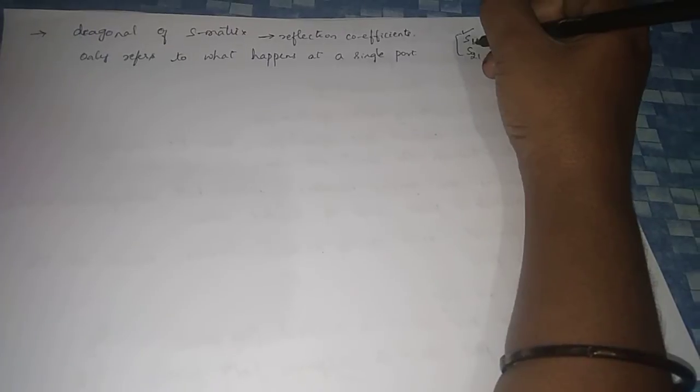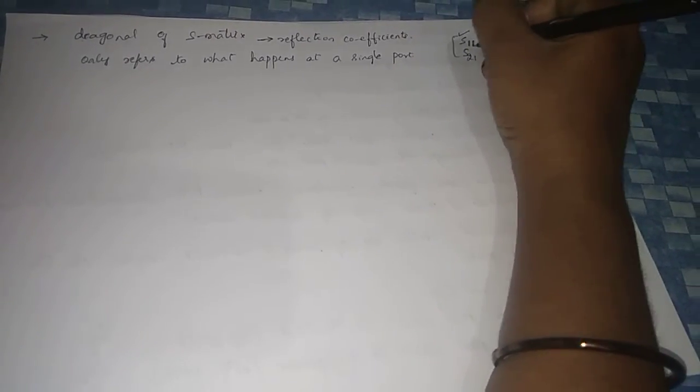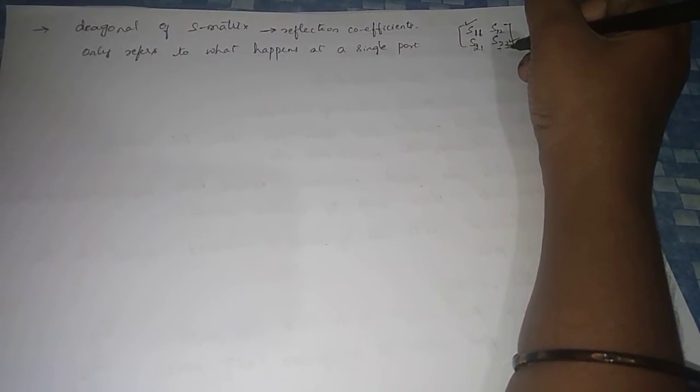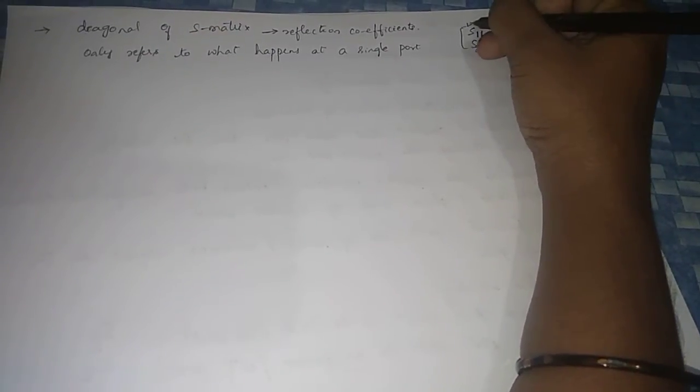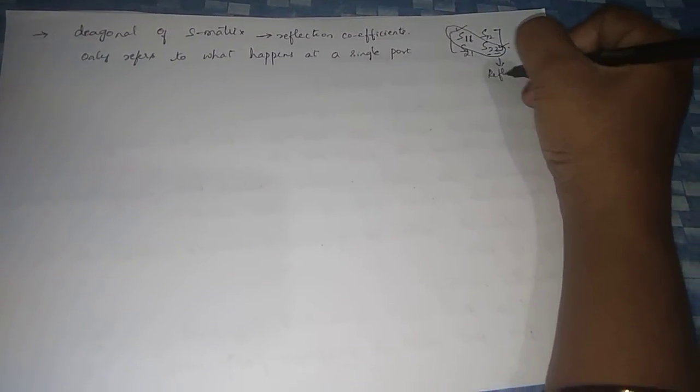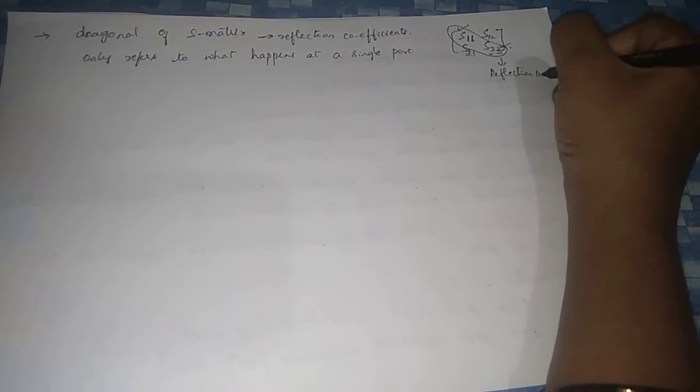Both input and output are at port 1 itself. Here also, input is given at port 2 and output is obtained from port 2 itself. So that's why these diagonal elements are referred to as reflection coefficients.